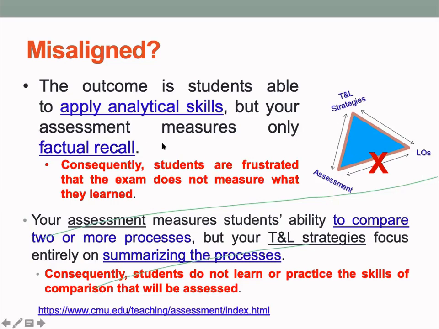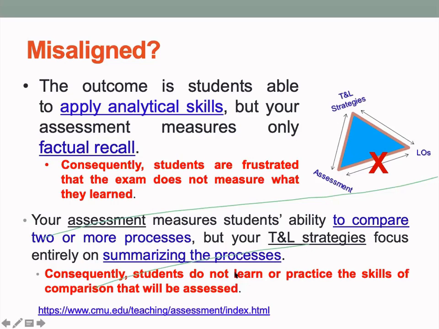So in this case also, students will have a problem because they don't have the knowledge or practice of how to compare. They don't have the comparison skill. They have the skill for summarizing. So that also means there is misalignment here.